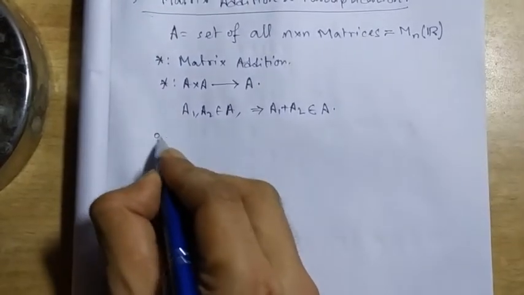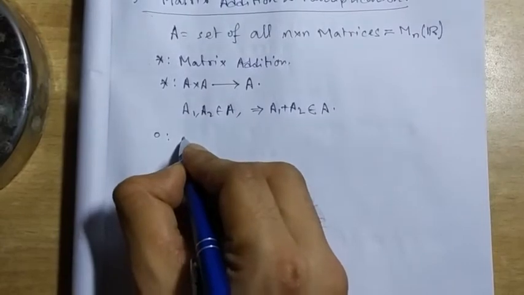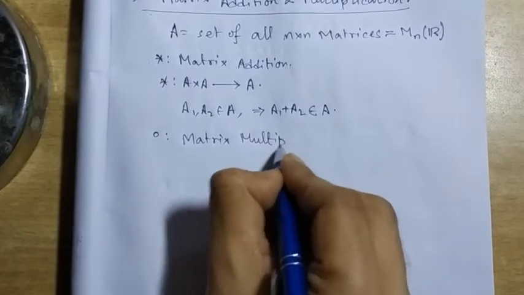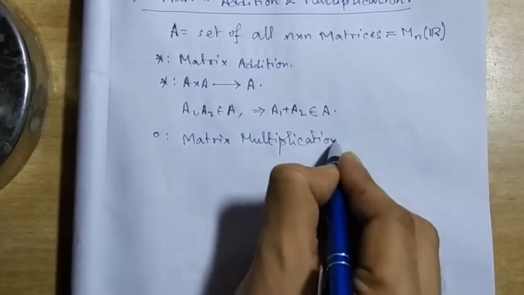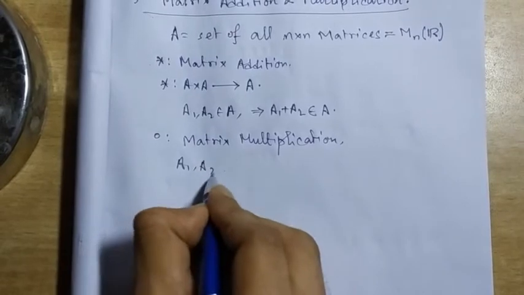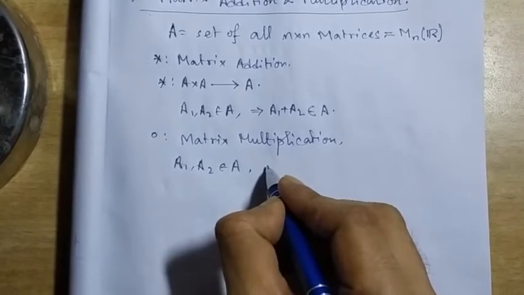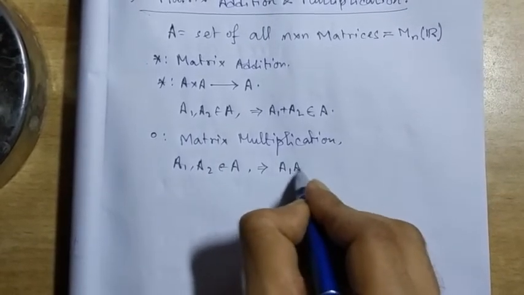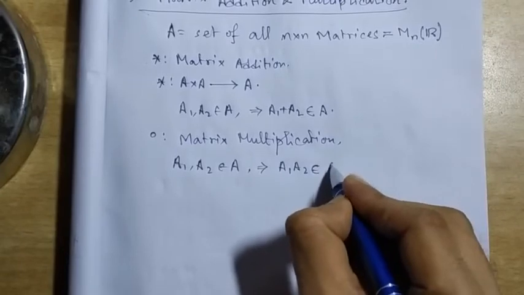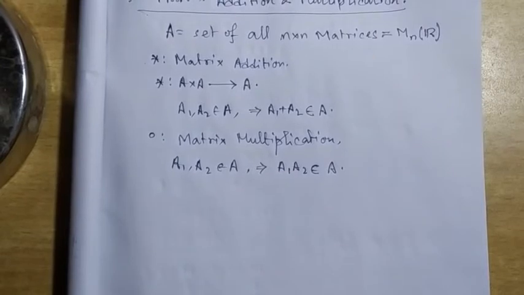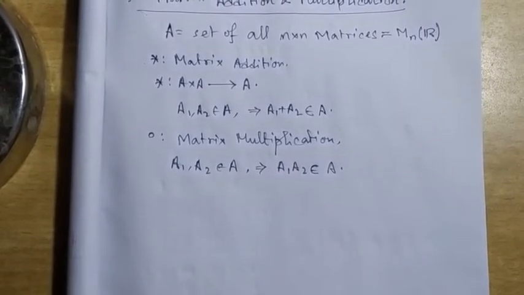Similarly, if we take star to be the matrix multiplication, then also if we take A1, A2, two matrices from the set A, and operate them, the product will also be in the set A, because the product of two n cross n matrices will again be an n cross n matrix. So the product will be again in the set A, so we can say it is a binary operation.